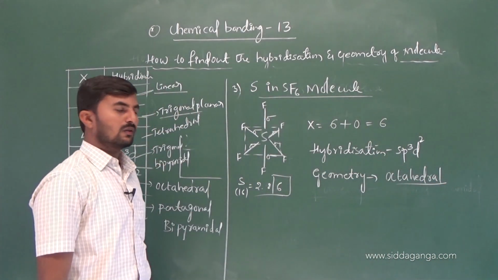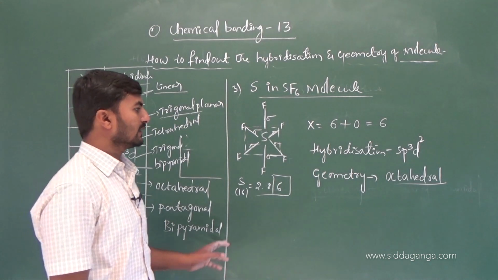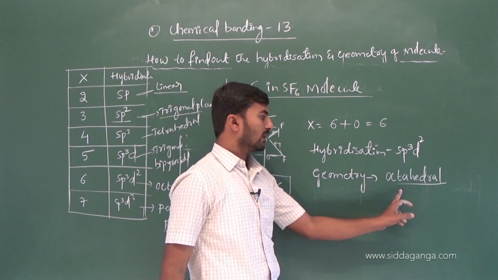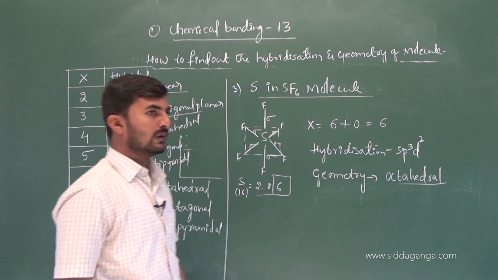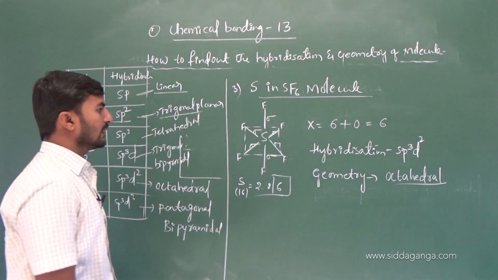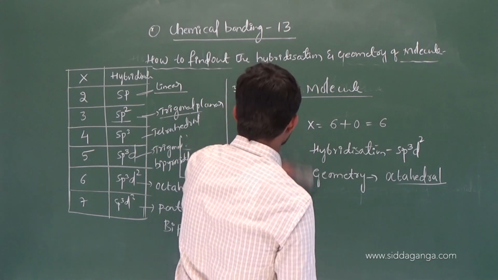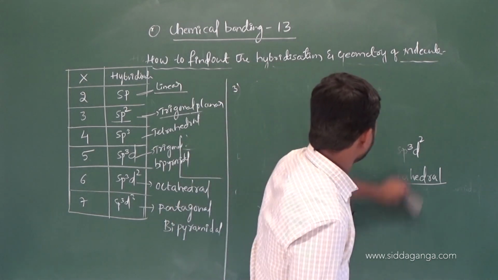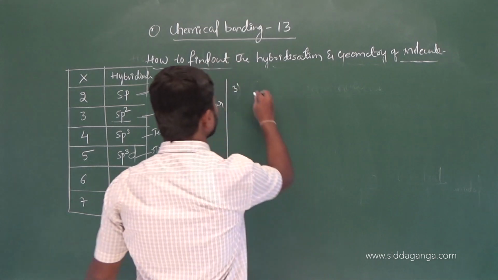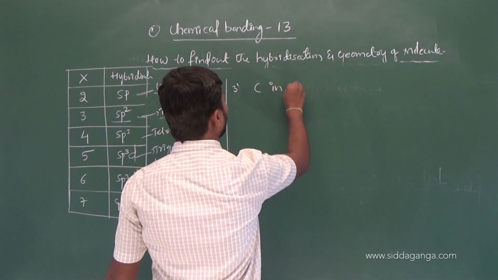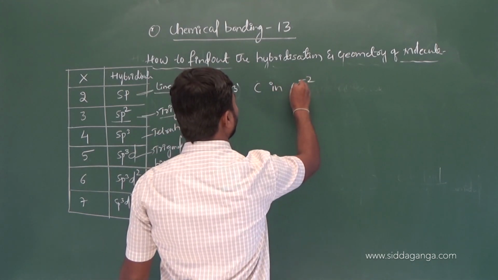Okay, this is how we can calculate the hybridization followed by the geometry of the molecule. Suppose they have given an example like this, carbon in CO3 2-.